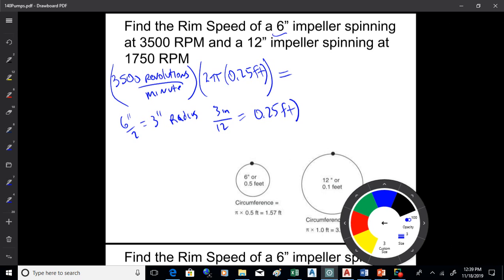So if you take 3,500 RPM times 2 times pi times 0.25, you get the rim speed, 5498. And that would be measured in feet per minute.